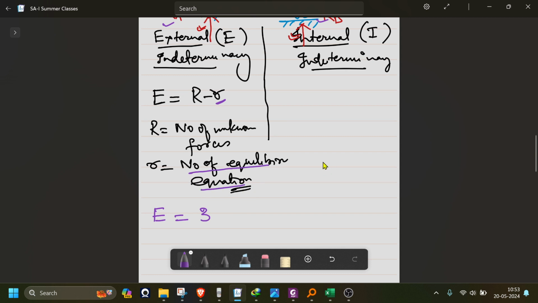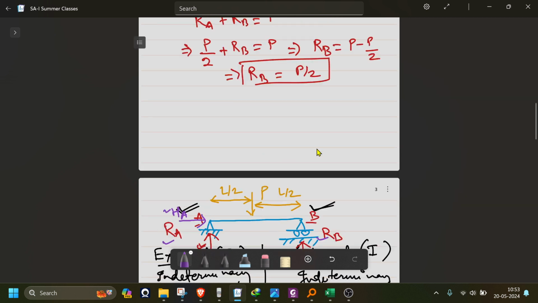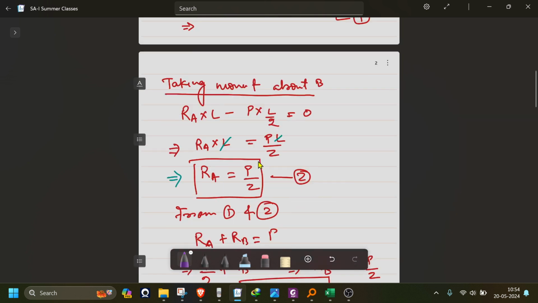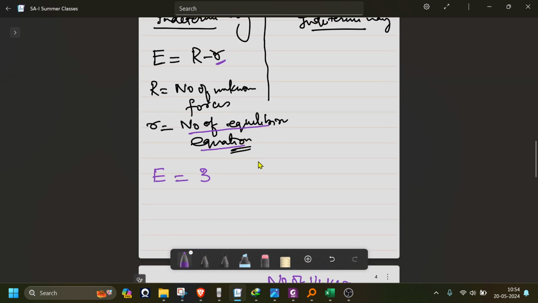We have 3 equilibrium equations we discussed here: summation of Fx equals 0, summation of Fy equals 0, and summation of moment equals 0. So these are the 3 equations which we have. So my external indeterminacy becomes 3 minus 3, that is equal to 0.